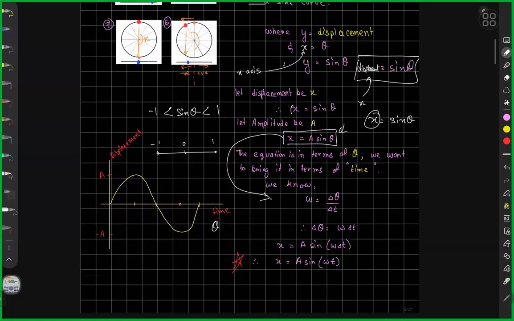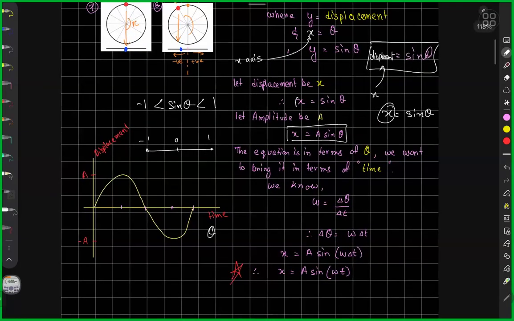Let's see. So now what is the equation that we have? x is equal to a sine theta. Fair enough. What do we know of omega? Basically we're converting this equation with respect to time, not theta. When you have oscillations taking place, you measure with respect to time.